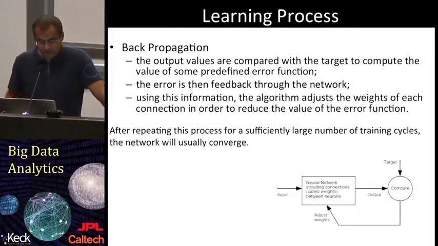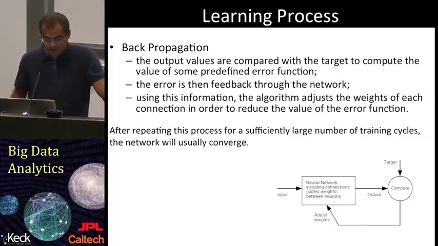Now, let's see how the network learns. It uses a backpropagation approach. Roughly speaking, the output of the network is compared with the targets, and the weights are adjusted in order to minimize the sum of the errors.